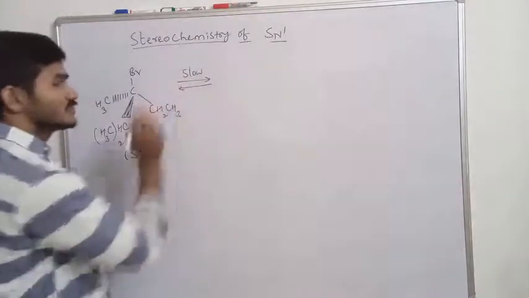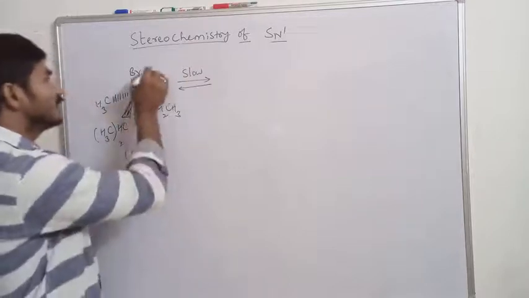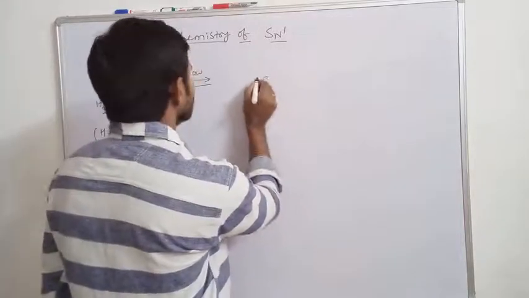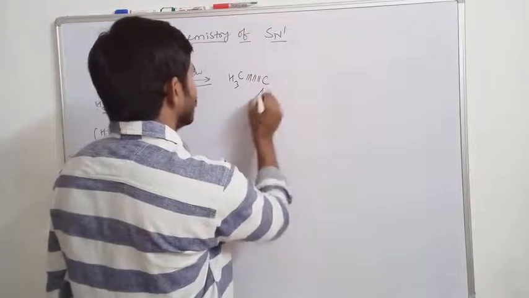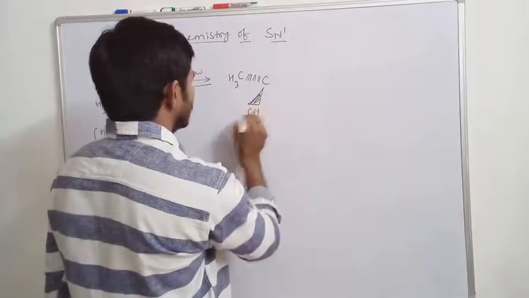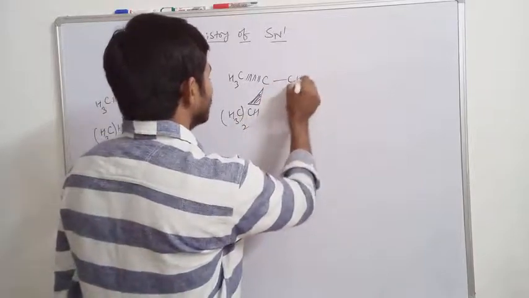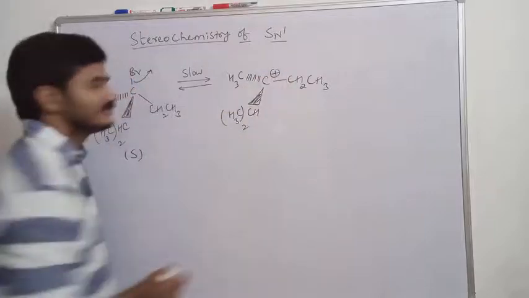First step, we know, is the slow step. What is the first step? Formation of carbocation. This bond is broken, which ionizes, and it forms the carbocation: CH3 twice, and CH2, CH3. This is one carbocation formation.